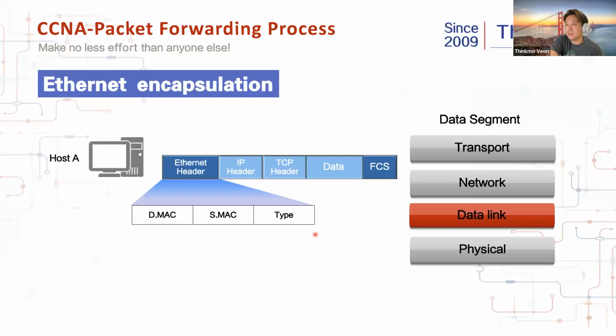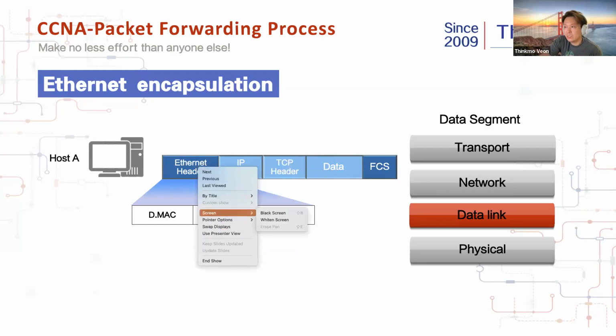Okay, next is the Ethernet encapsulation. As I mentioned, after host A found the MAC address of the gateway, it will put the gateway's MAC address into the destination MAC address, and put its own MAC address as the source MAC address, and encapsulate using the Ethernet header.